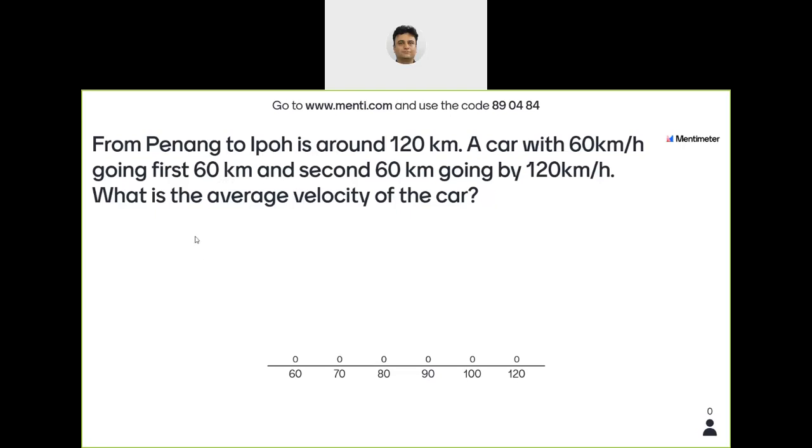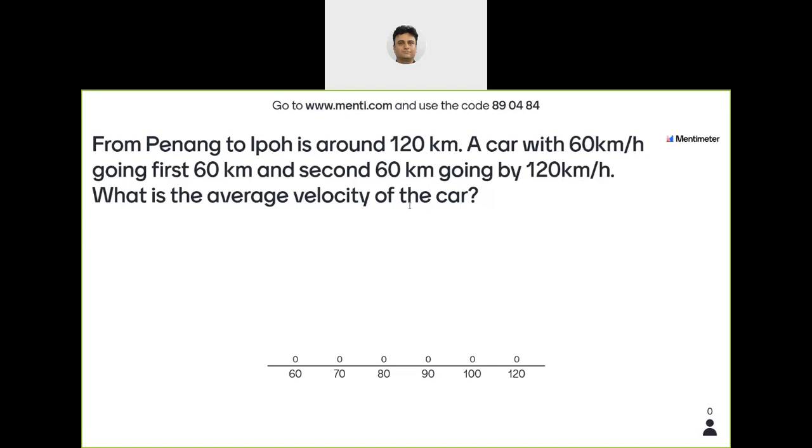If you divide the trip from Penang to Ipoh into two parts, the first 60 kilometers, the car goes at 60 kilometers per hour. And the second 60 kilometers, it goes at 120 kilometers per hour. What is the average velocity of the car?